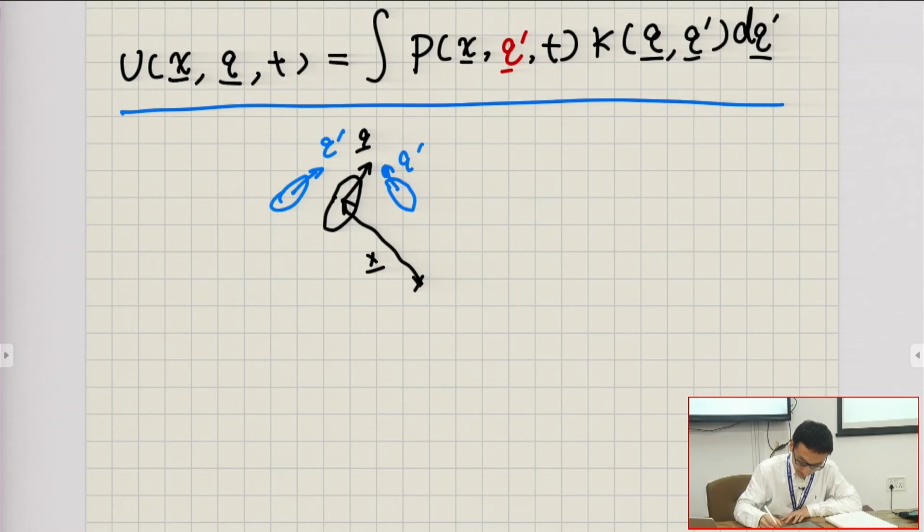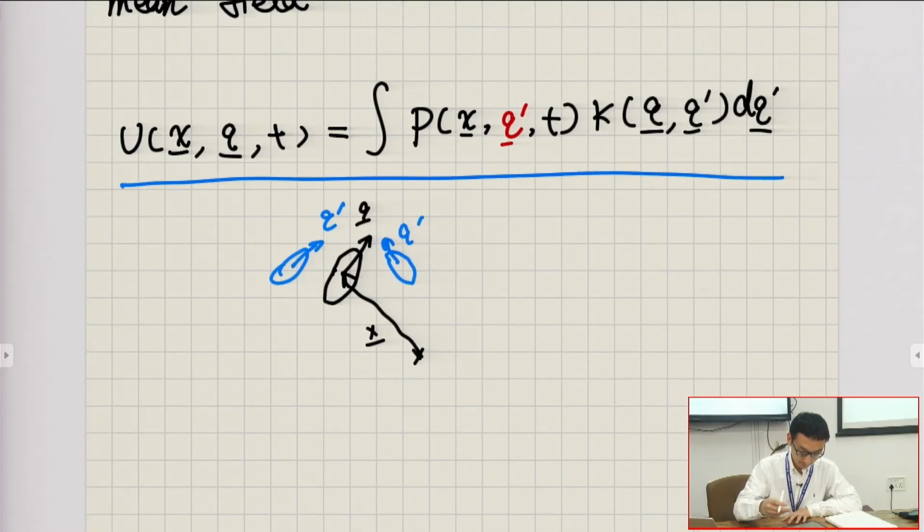That would be the mean potential from my neighboring particles. If you look at this sketch here, I'm at this position.